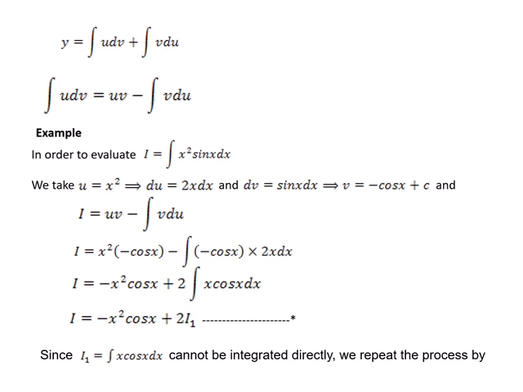I1 is the integral s cos s ds. Since we cannot integrate it directly, we repeat the same process, just the way we did the first one.